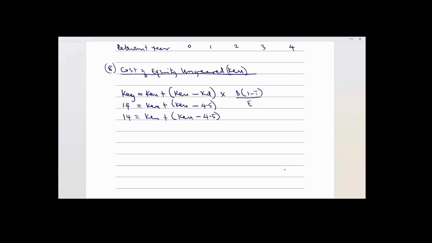Then multiply by debt value. Let us go and determine debt value. So for Cantona, how do we determine the market value of the bond? We want to calculate the market value of the bond. The examiner has told you that the bond is trading at 94 naira 88 kobo per 100 naira.